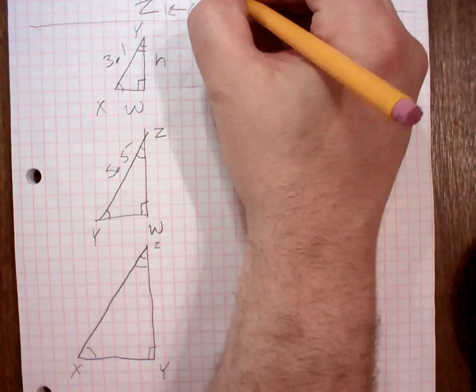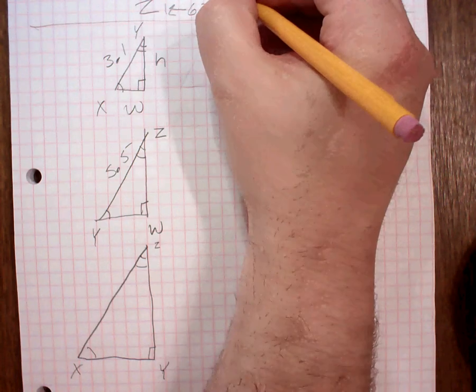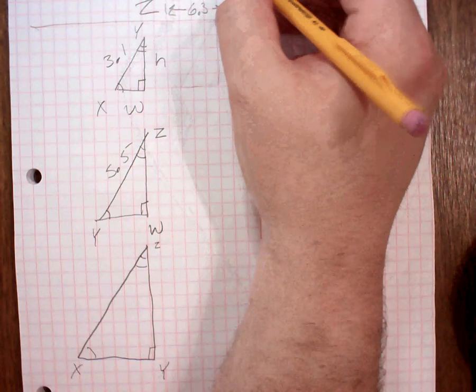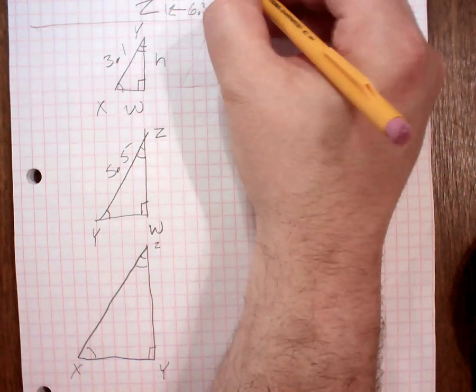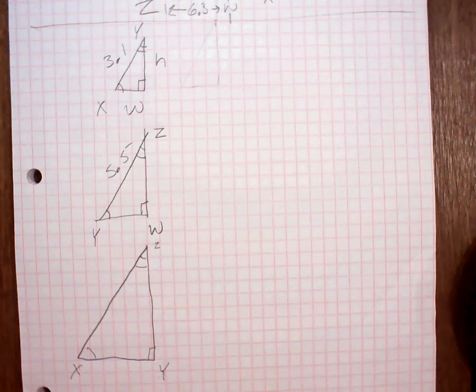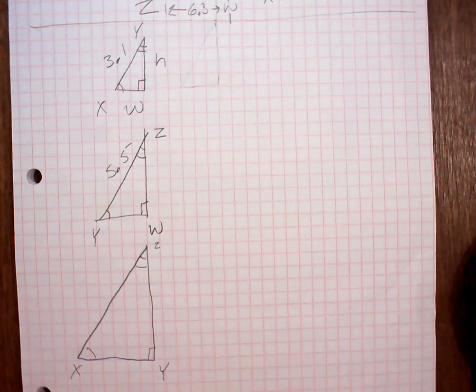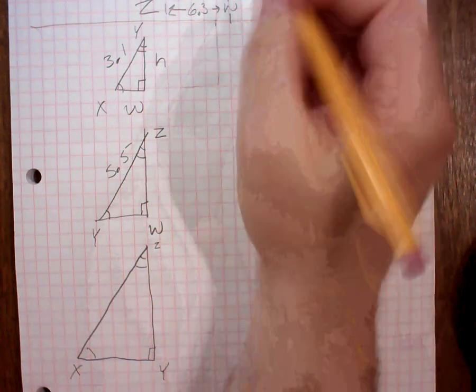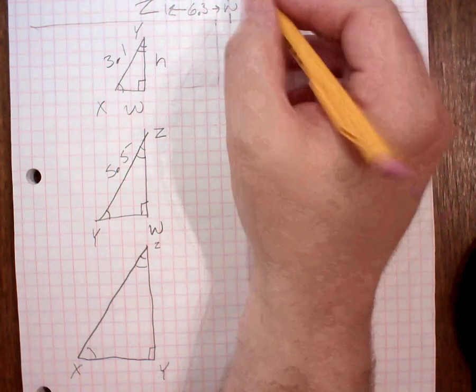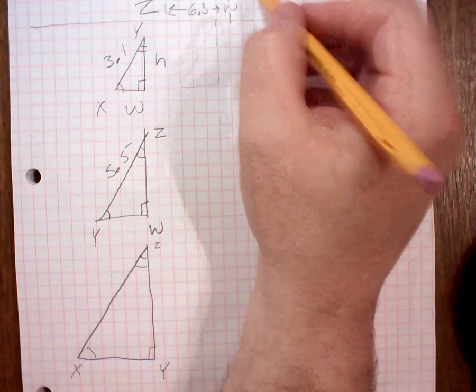If this is a 90-degree angle, then this is a 90-degree angle. So you have one little triangle, another little triangle, and then this is 90 degrees, right? So you just start with the 90-degree angle, look at the longest side. This is the hypotenuse of this little triangle here. This is the hypotenuse of this little triangle here.